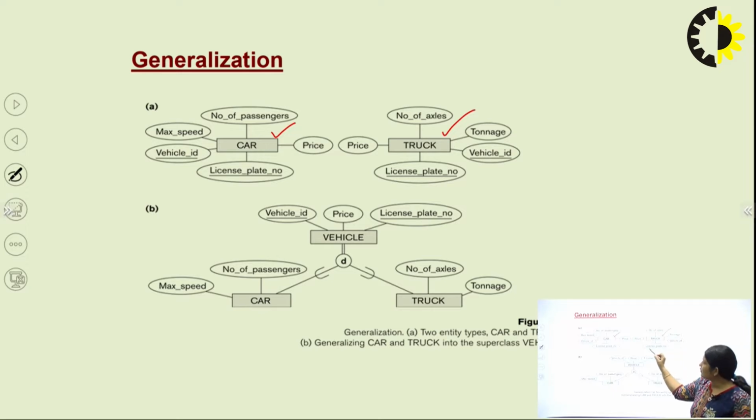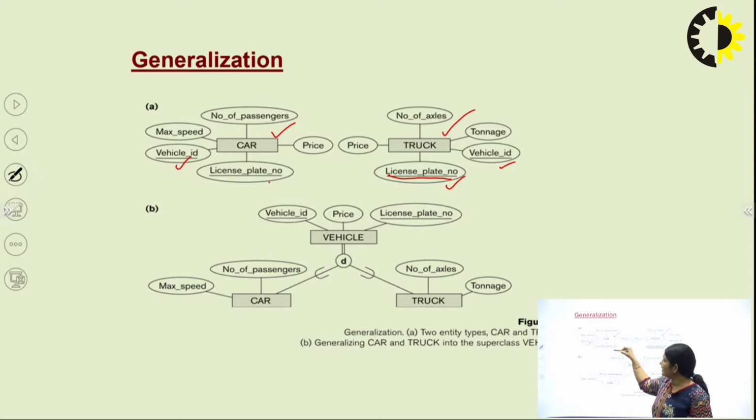Here you can see we have underlined some attributes. These are the attributes that would be the key. So license plate number or vehicle ID, either of these two can be the key. Both are candidate keys. Out of these we can designate one to be the primary key while we are designing the relations.